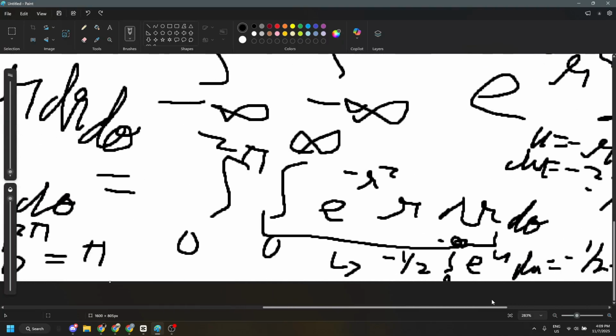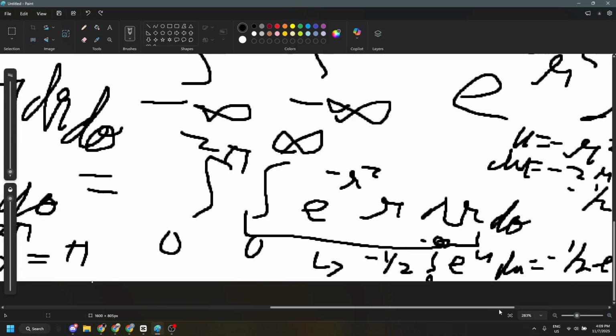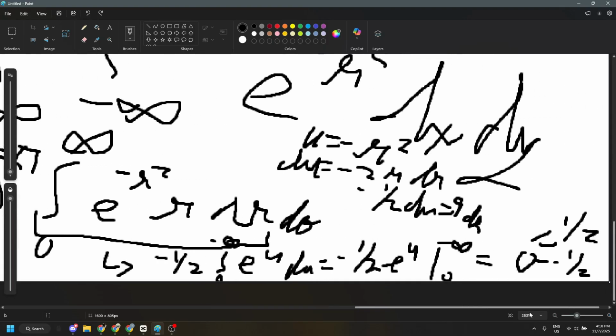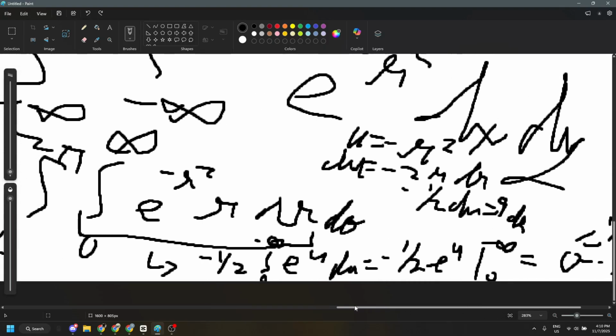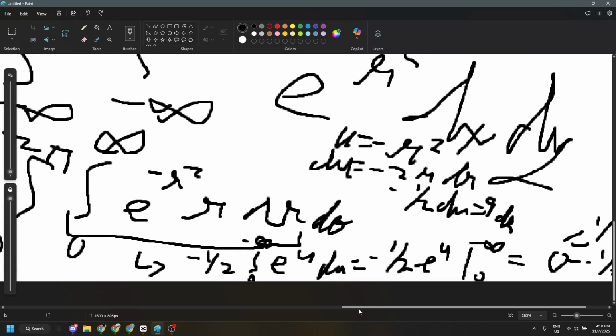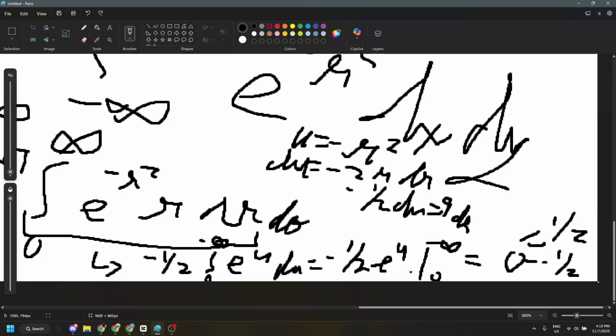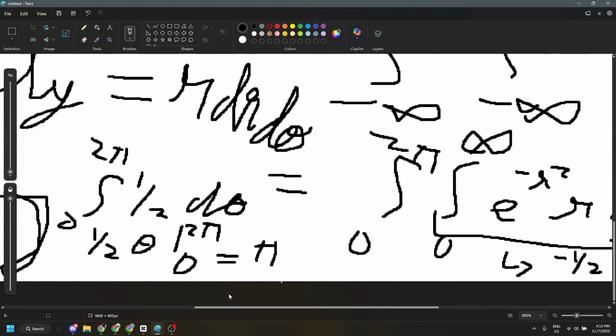Just to make sure we did this correctly, e to the negative r squared times r dr d theta, e to the negative infinity is in fact 0, e to the 0 is in fact 1, then theta.